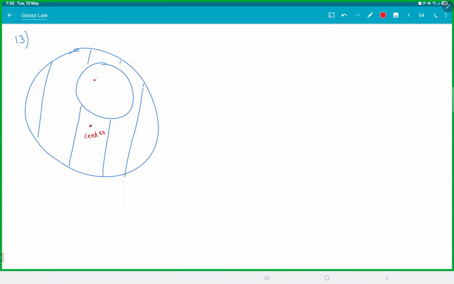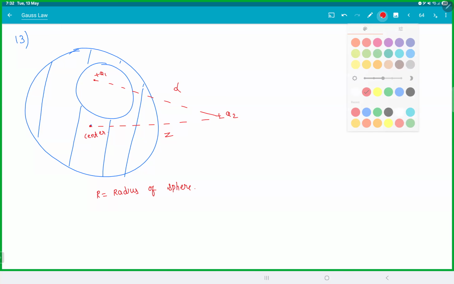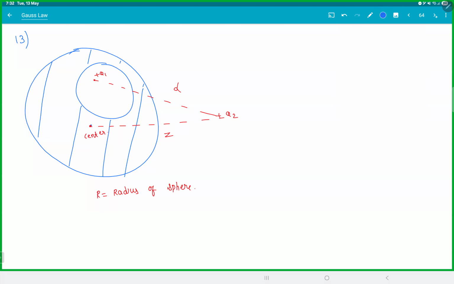Here we have a charge Q1, which is not the center of the cavity. And here outside we have Q2. So distance between Q1 and Q2 is d. Distance between the center and Q2 is z. R is the radius. So now we are putting inside outside everything, right? So this is a sphere with a cavity.